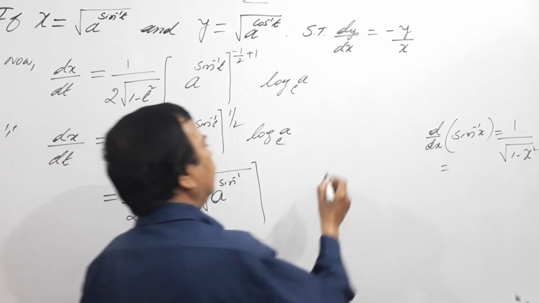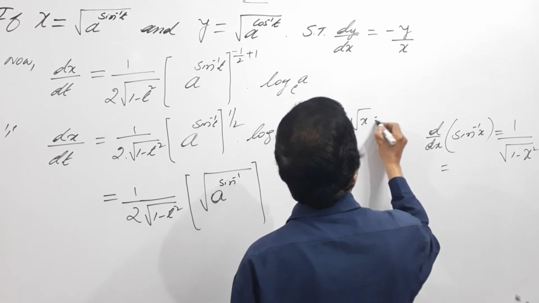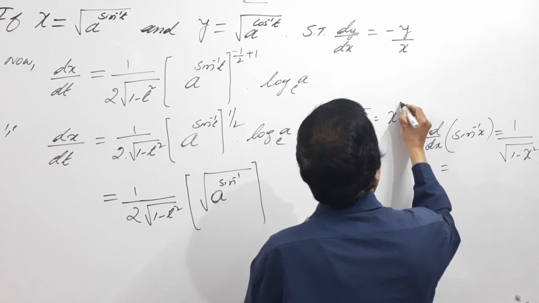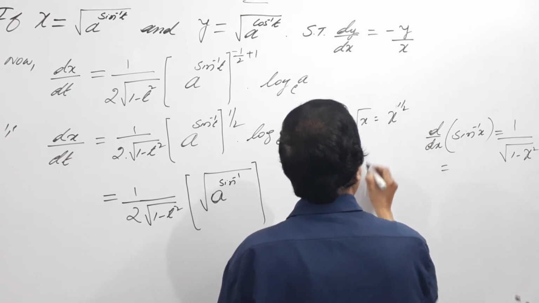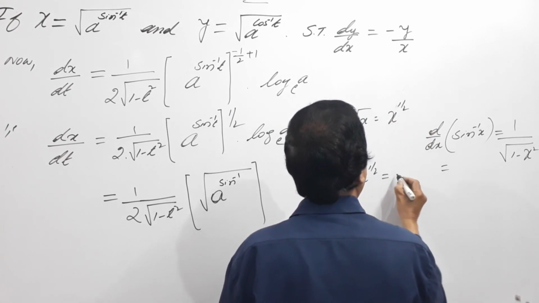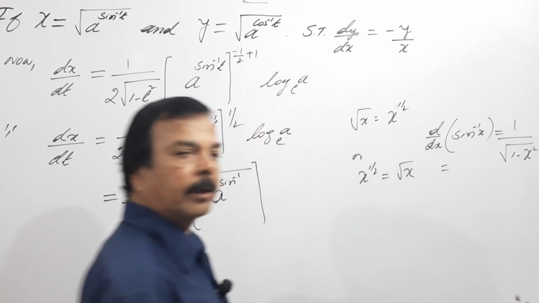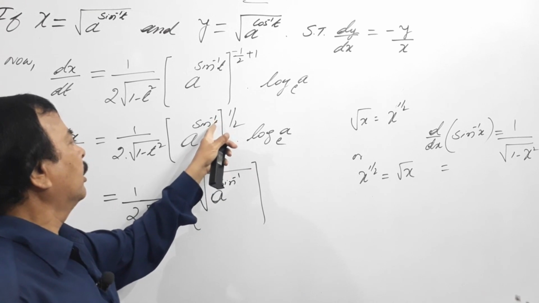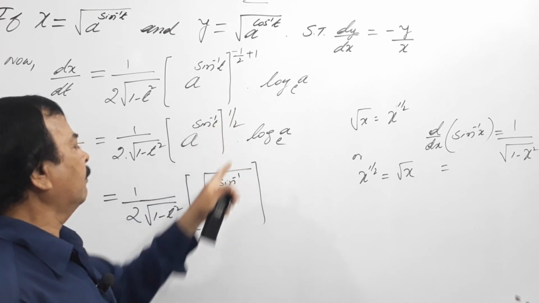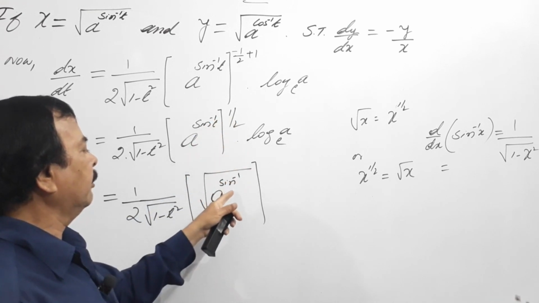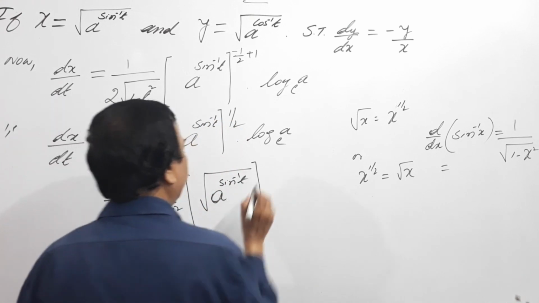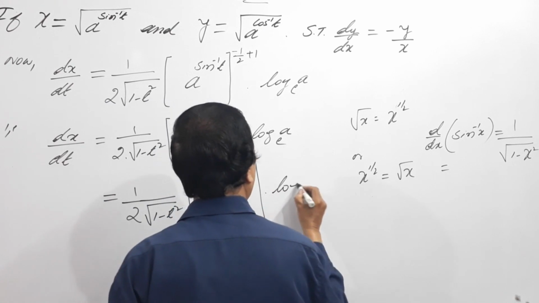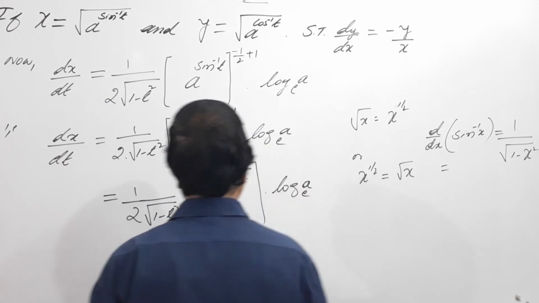So I have taken this root x equals to x to the power of half, x to the power of half can be written as root x, right? So here we have a to the power of sin inverse t to the power of half. I can write this as a to the power of sin inverse t within root, done, into log a to base c.